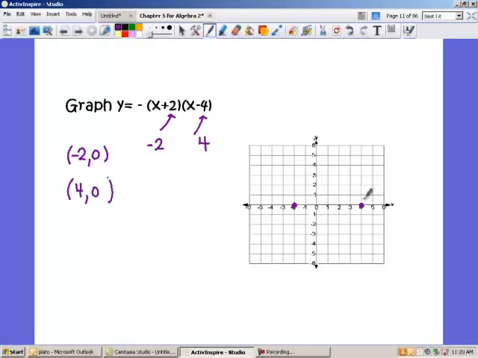And what we want to do, because we do not have a vertex, meaning a point that's either down here or up here, because remember the graph is going to be in the middle of this somewhere, we could use our calculator to figure out what that is.